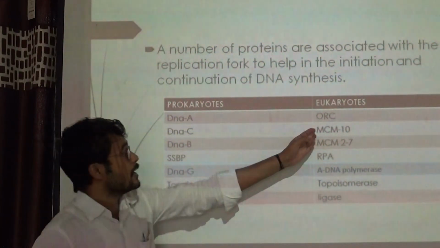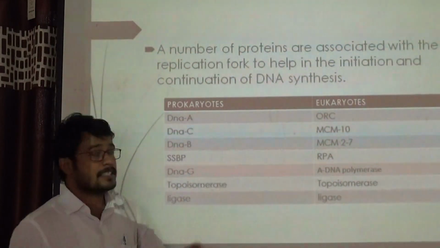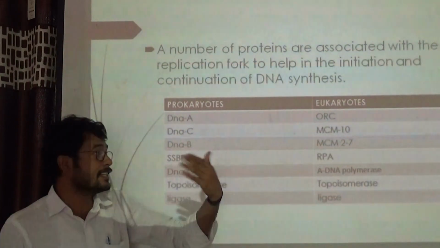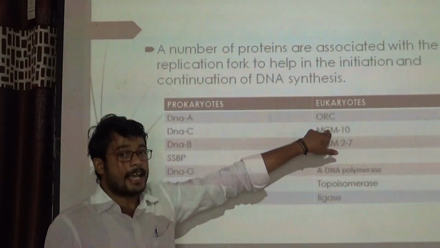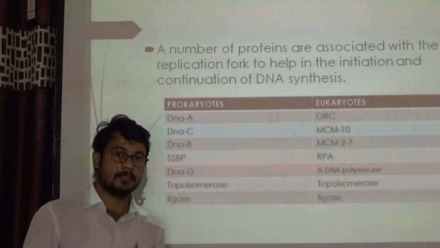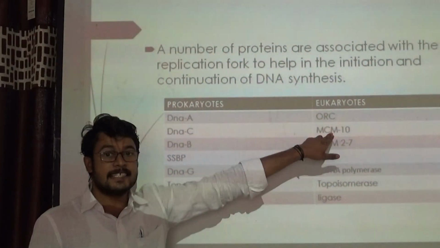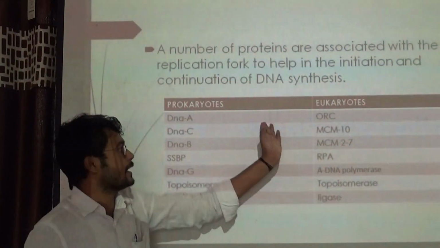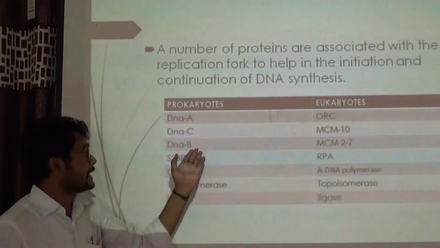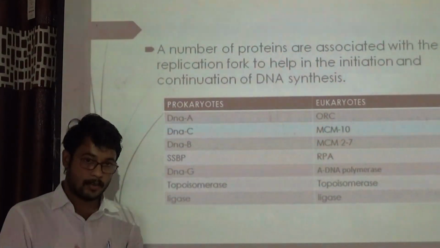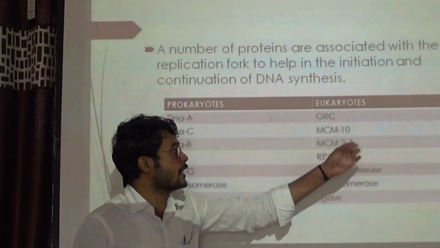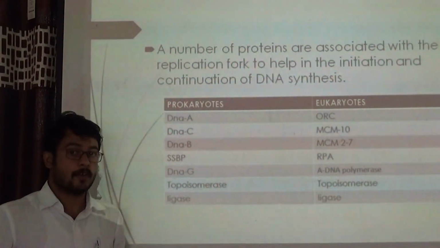In the case of eukaryotes, the DnaA homolog we can call MCM10 or the licensing factor. There is also the nomenclature CDC6 and CDT1, and we call them licensing factors. Then DnaB acts as the helicase in prokaryotes, and its homolog in eukaryotes is MCM2-7.